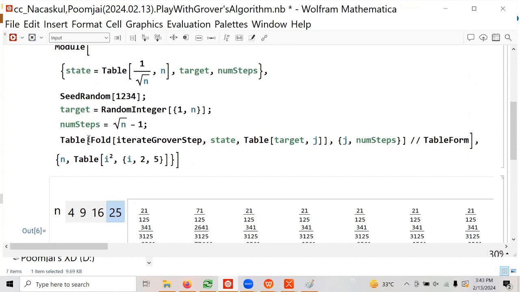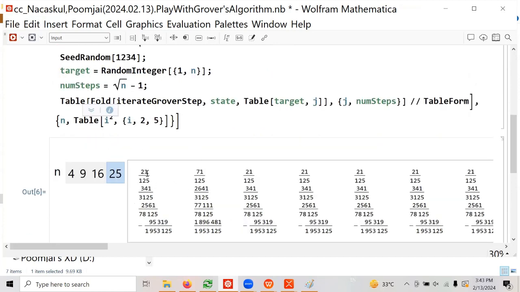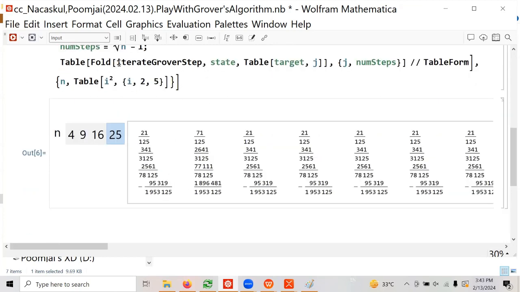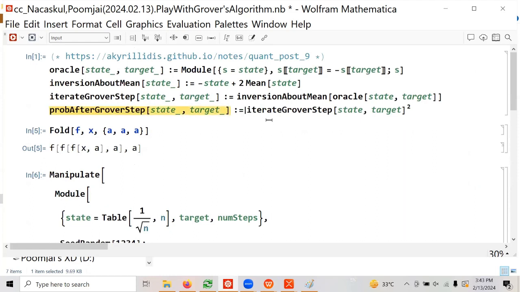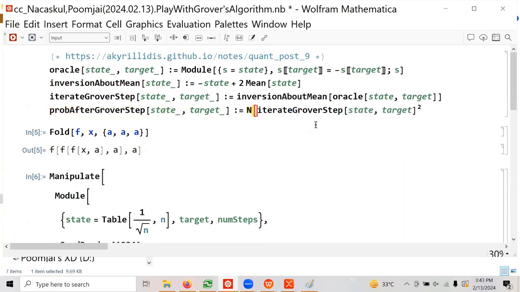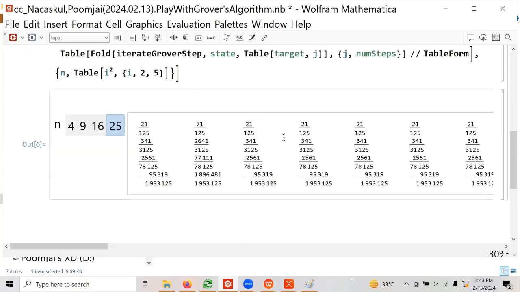I don't want to mess it up now, but I can do n here. That's okay, but you get the point, right?